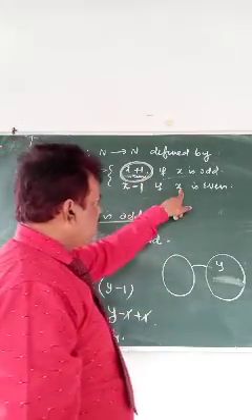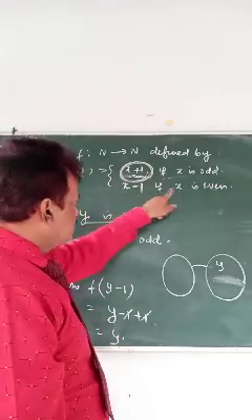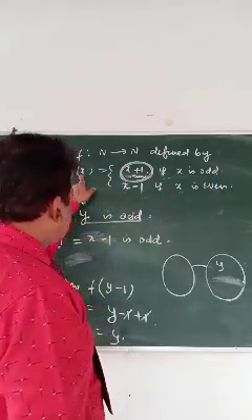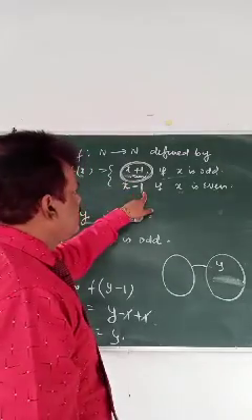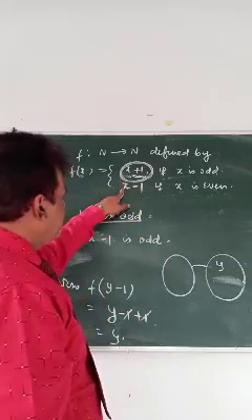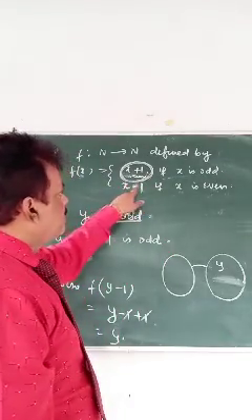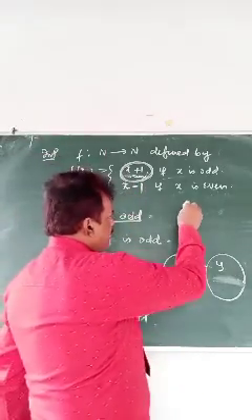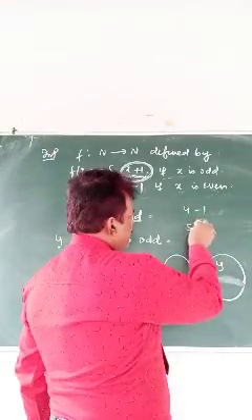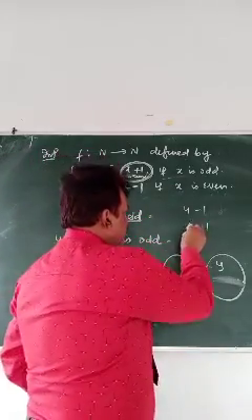Achha, suppose x becomes x minus 1, then x is even. So when x is even, minus 1 is odd. Even number minus 1, just like 4 minus 1, 5 minus 1, 6 minus 1.